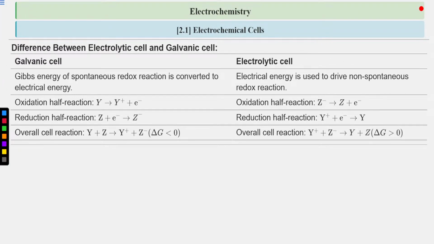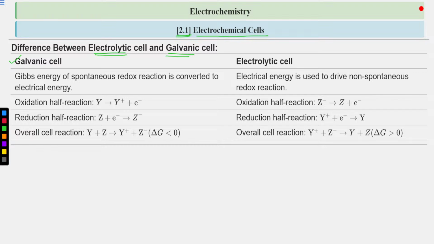Okay, so under the topic electrochemical cell, which is our topic number 2.1 as per the NCERT textbook, let's see the difference between electrolytic and galvanic cell, which are the two types of electrochemical cell. What are the differences between these two kinds of cells? Let's first define our galvanic cell.